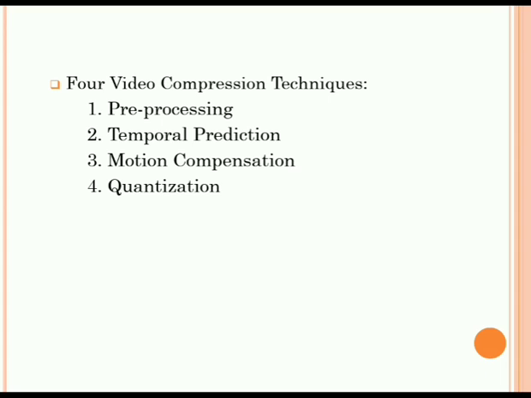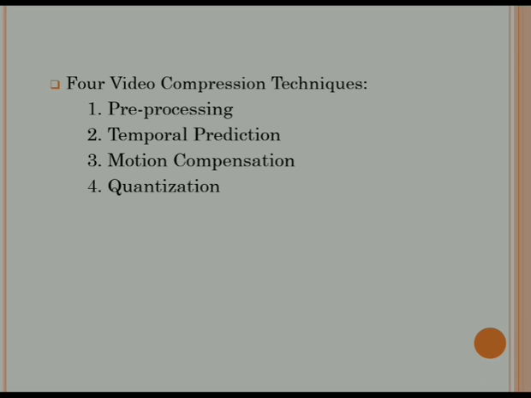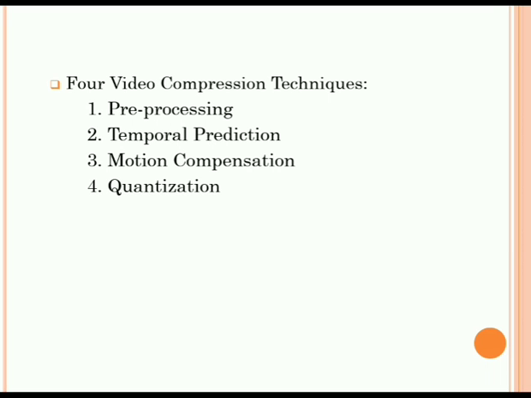Before going into detail, video is nothing but a sequence of pictures, and each picture consists of arrays of pixels, meaning a number of pixels are present in that particular picture. An uncompressed video has a huge size, so the data rate for transmission also has to be very big.